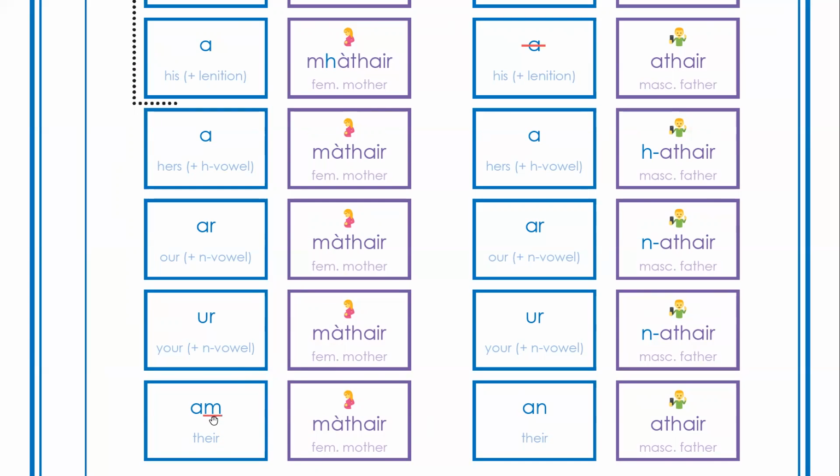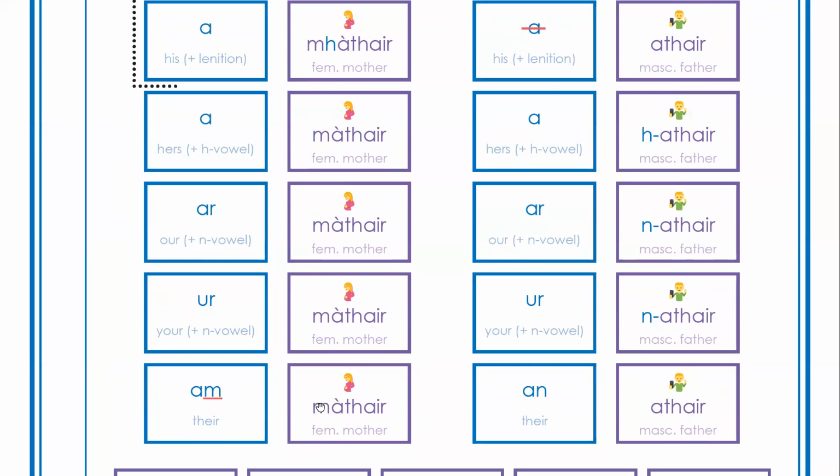So as noted, that would normally be an, as you see here with father, but because màthair starts with an M, that affects the possessive adjective here, and we get am for their mother, am màthair.